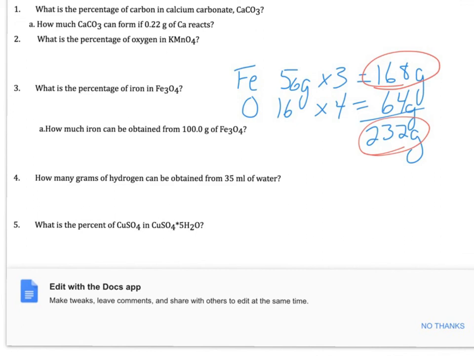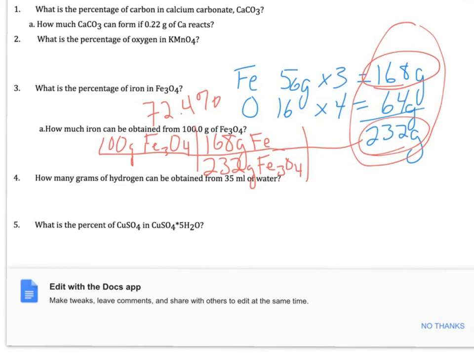So if we multiply that value out, we will get an answer of 72.4 grams of Fe. So that's the first part of the worksheet.